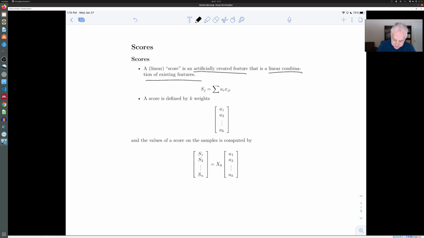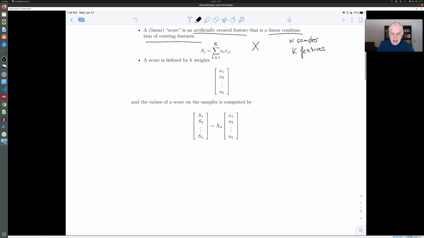So if you have a data matrix X, with N samples and K features as usual, and you choose weights A1 up to AK corresponding to the features, and you define your score for the jth sample to be the weighted sum of the features for the jth sample, where the weights are given by the A1 up to AK. That's an example of a score.